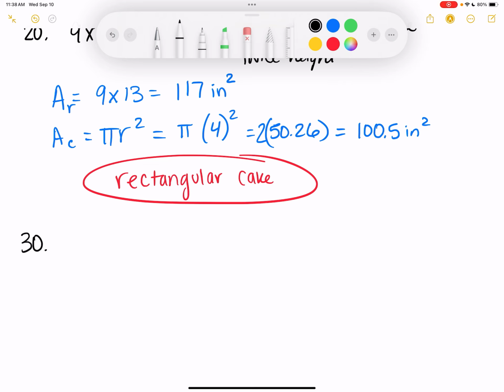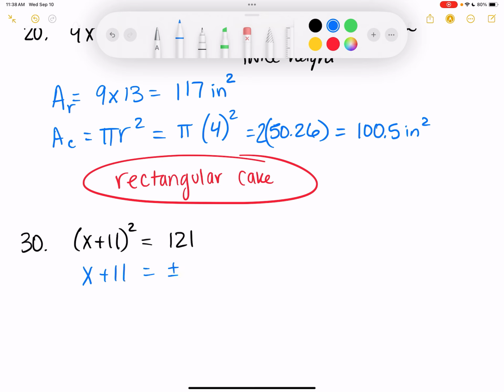All right, x plus 11 squared equals 121. What might I need to do first to solve for x? Take the square root. So x plus 11 equals plus or minus the square root of 121, which is 11.